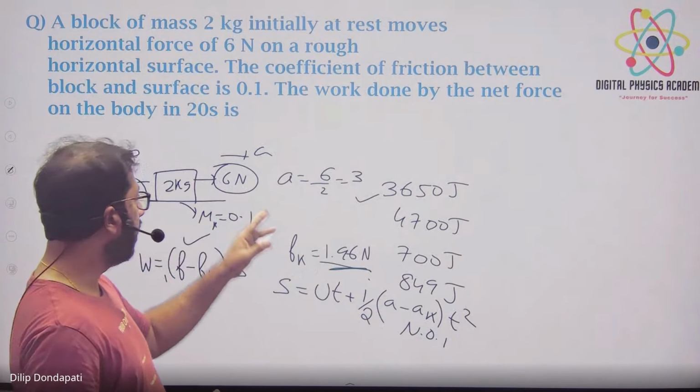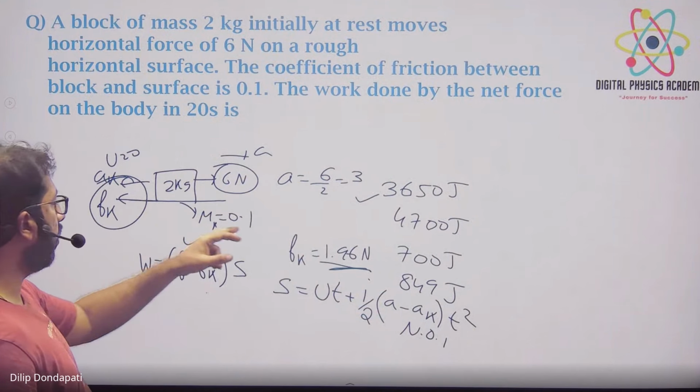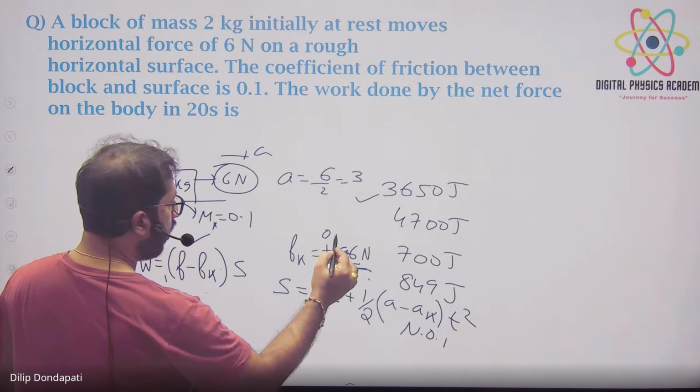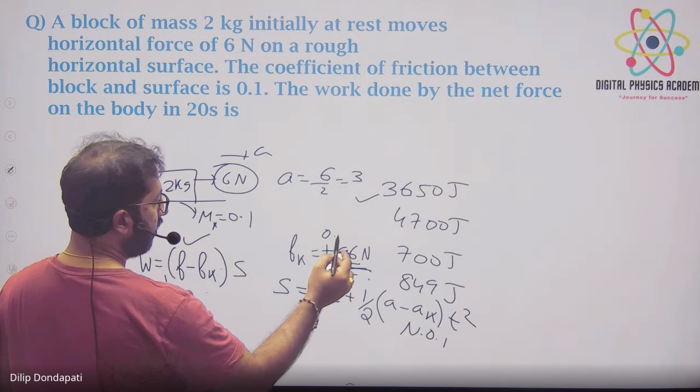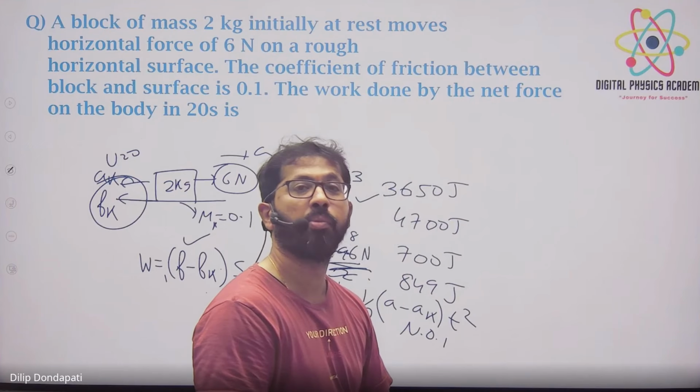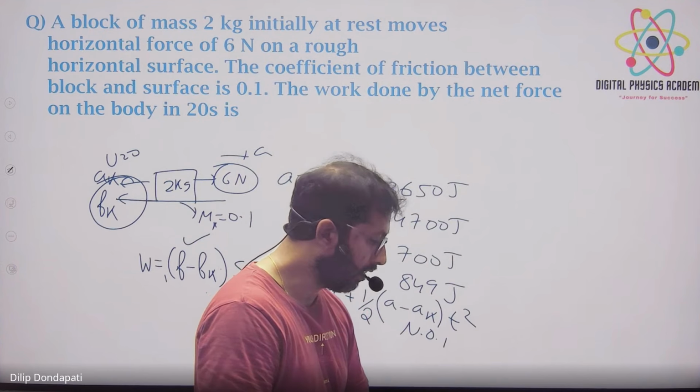Sir, what did we get as net acceleration? Calculate net acceleration. Its value is 3 minus F k by mass, how much? By 2, how much will it be? 0.98. Sir, what is the approximate value? Calculate separately: 3 minus 0.98. 2.02.